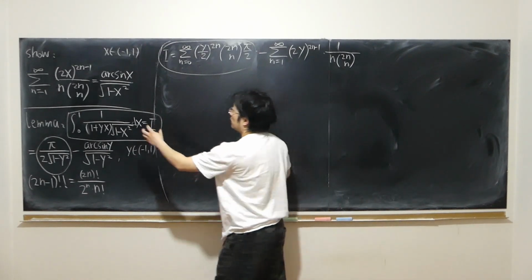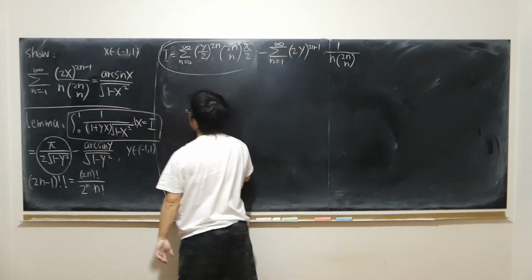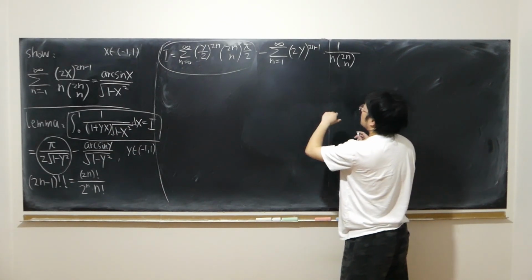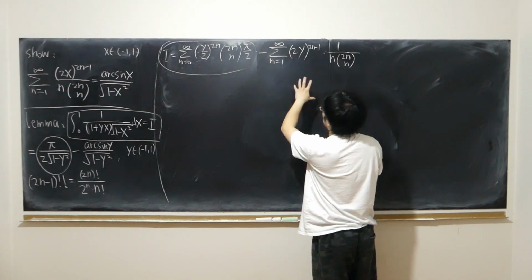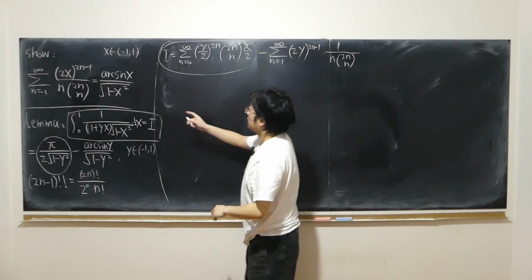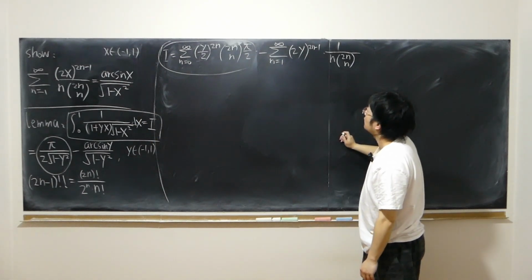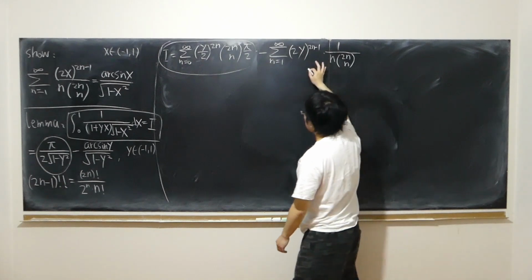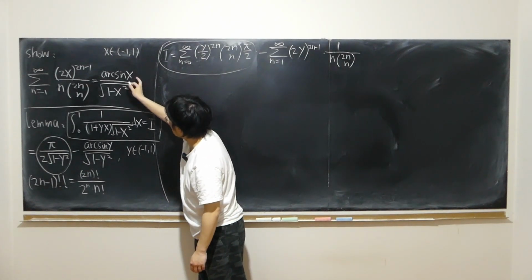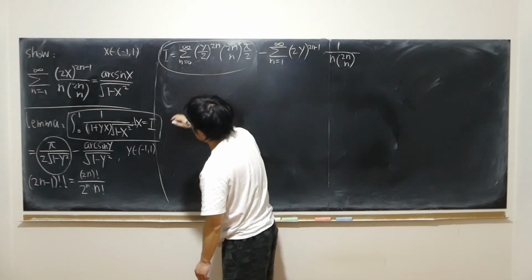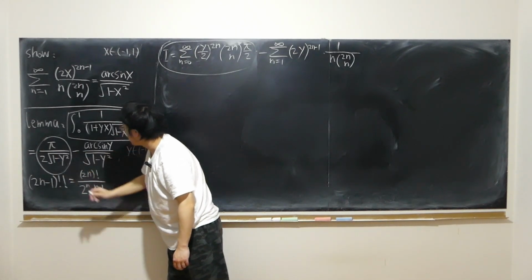So if you want to show this is equal to that, you just have to show this is equal to this, replacing x with y. All you have to show is this equal to that.